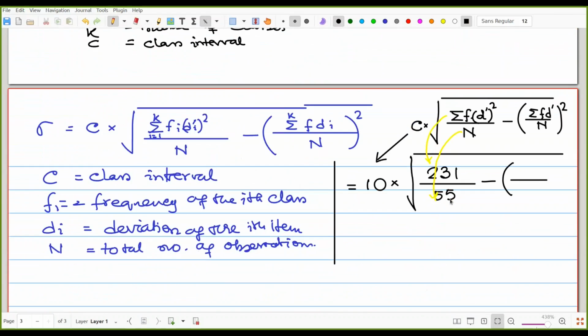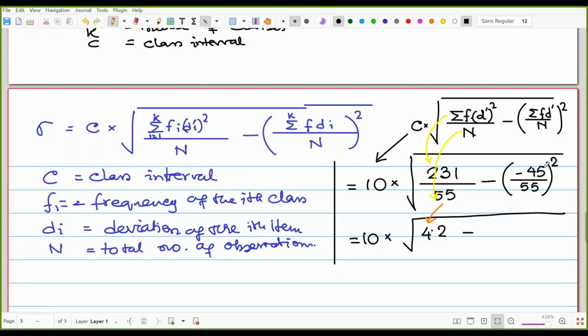So write down the minus 45 here, divided by N, already we know that is 55, then its square. So simply after calculation, we are getting it as 10 into the value of 231 divided by 55, which is 4.2. So that means that one value is 4.2.